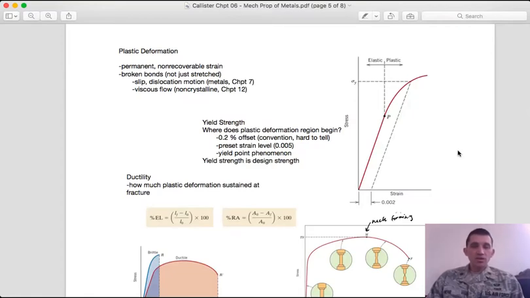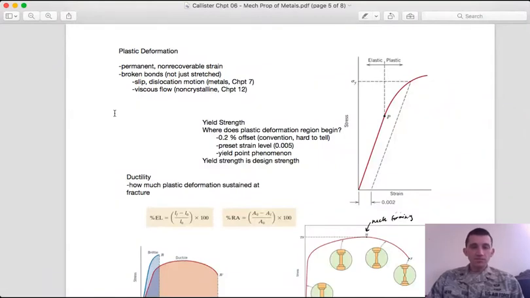We're just going to, what we say, slip, right? So we start to break bonds, and the atoms start to shift in relation to one another and move into new positions, those new positions corresponding to a material that is slightly longer than it was before.